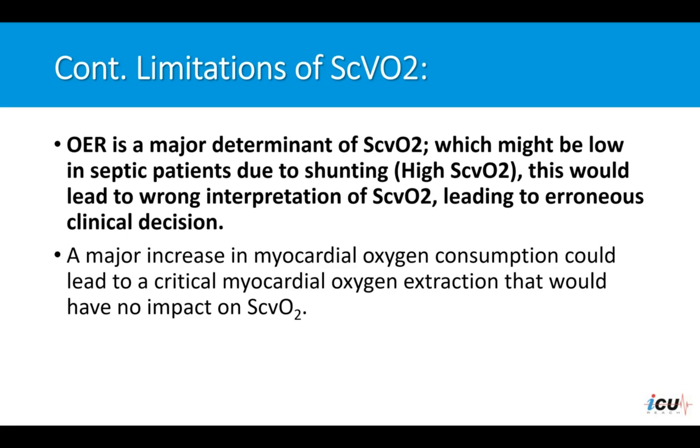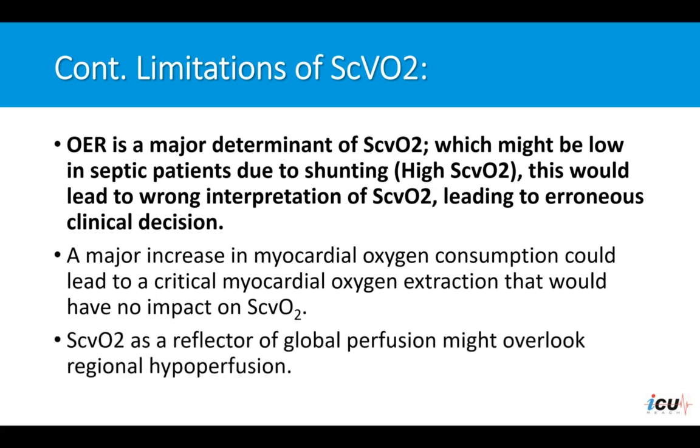The measurement may be unreliable if you're not mixing the blood well, especially if you have myocardial infarction, for example. If there's a change in the oxygen consumption in the myocardium, you may not be able to pick it up with the central venous oxygen saturation.